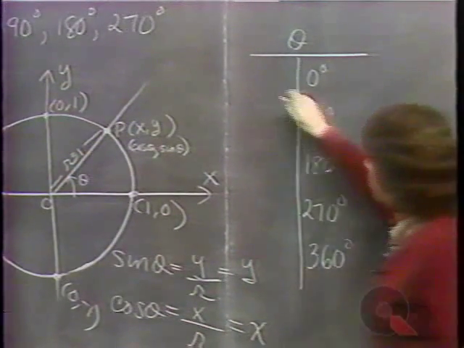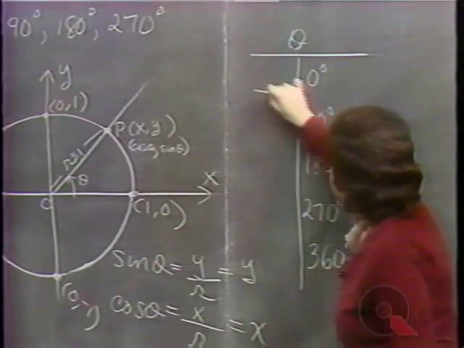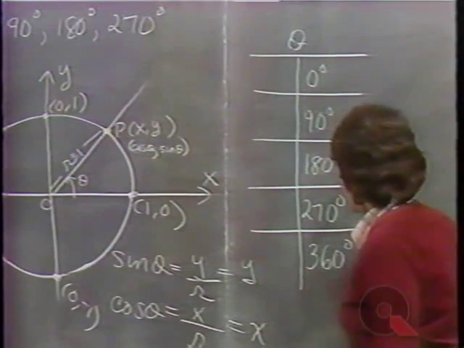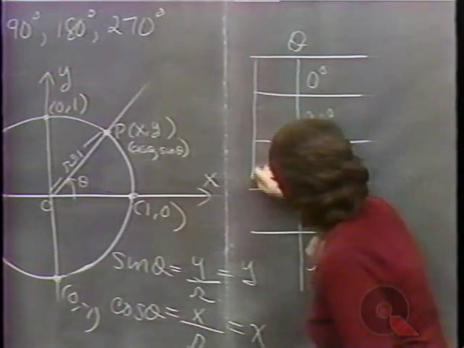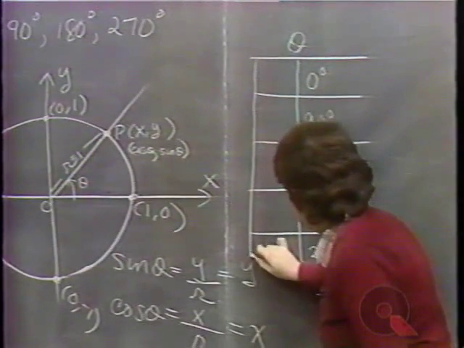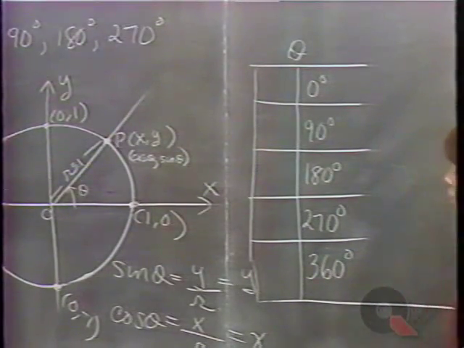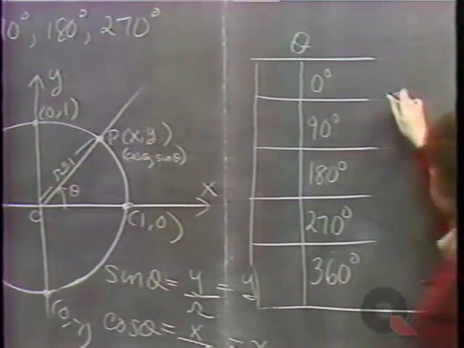Speaking of radians, let's write down the radian equivalents of these angles. You might want to try doing that on your own right now. Remember, you multiply by pi over 180 degrees to get the radian equivalents.